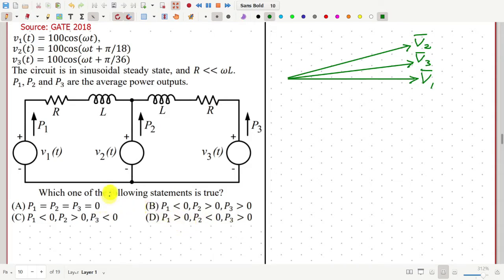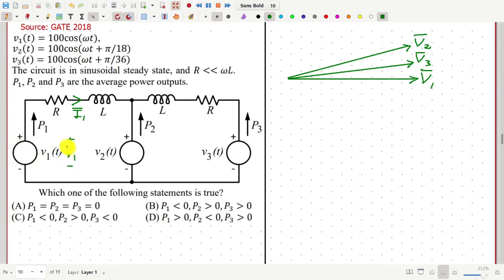So what is the relation among P1, P2 and P3, where P1, P2, P3 are the average power output of these three sources respectively. So first let this current be I1, the phasor current. Then the phasor voltage corresponding to this source is V1.